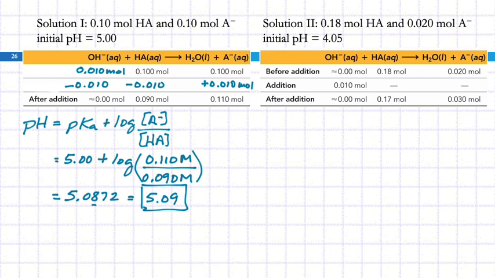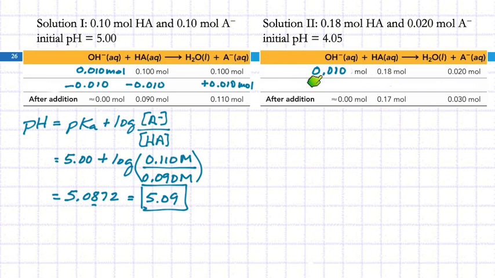So over here, looking at the second solution, again, we're adding the same amount of hydroxide, so 0.010 moles of sodium hydroxide, and this time we have 0.18 moles of the acid.